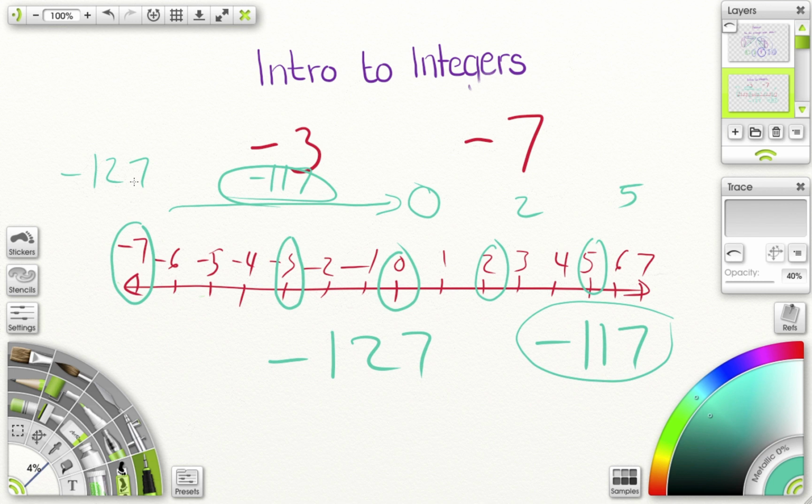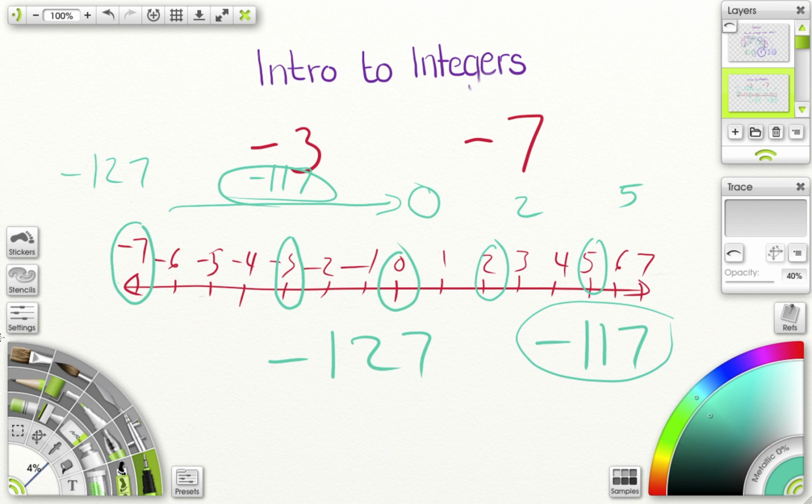I'd rather owe them $117 because I owe them a little bit less that way, right? Think about it as -7 and -17. I would rather owe $7 than $17 because I don't owe as much. So that's one way to think about it.